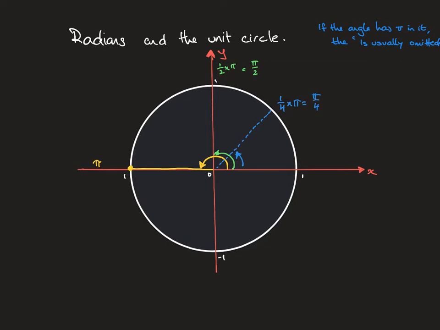And so any fraction of pi that is less than a half will be in this quadrant here. And any fraction of pi which is greater than a half will have the angle this way here. So you'll notice that I'm writing the angles in radians out on the edges of the unit circle.